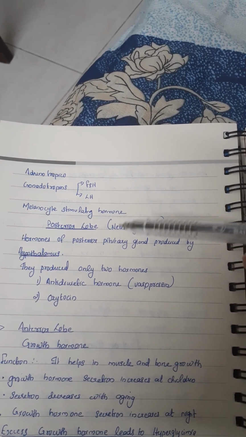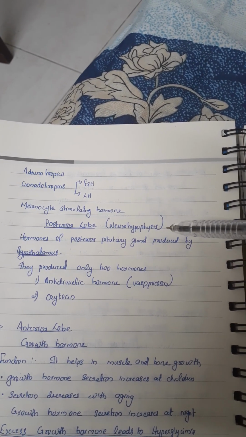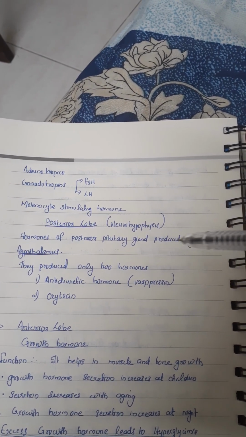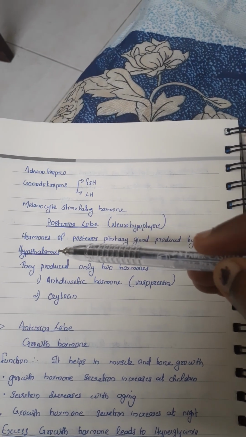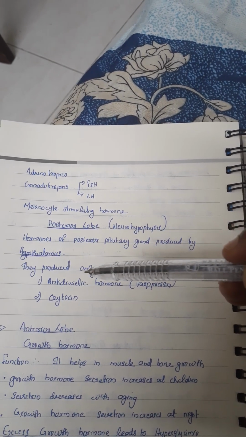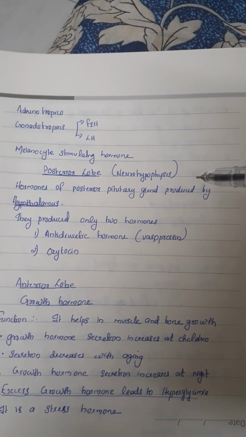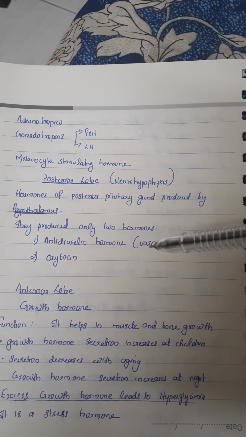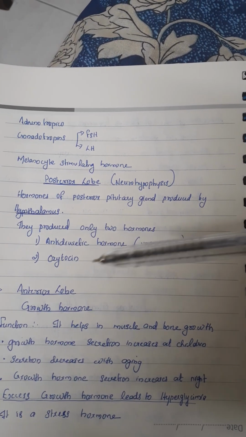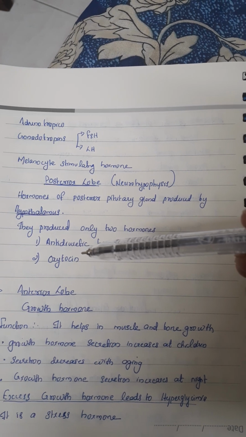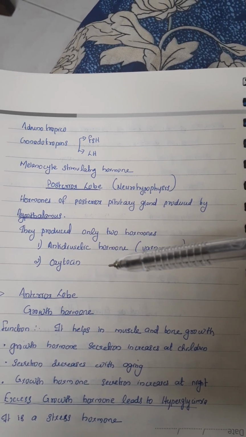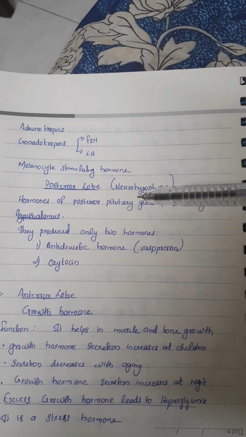The hormones of the posterior pituitary gland are produced by the hypothalamus. The posterior lobe produces only two hormones: antidiuretic hormone, which is vasopressin, and oxytocin.